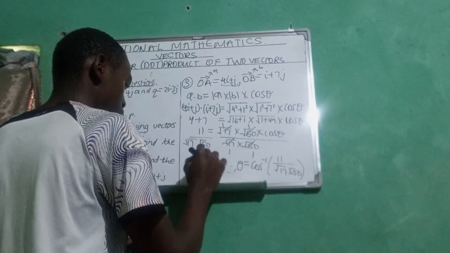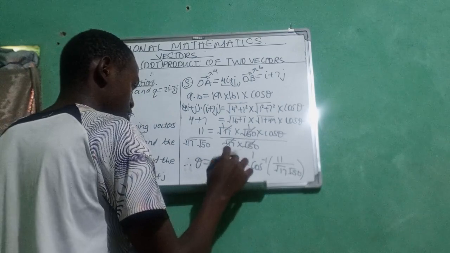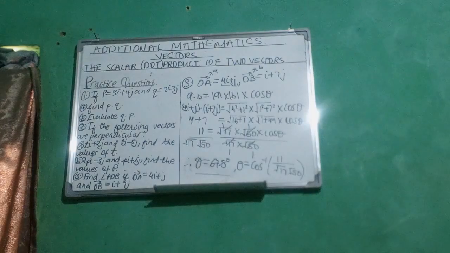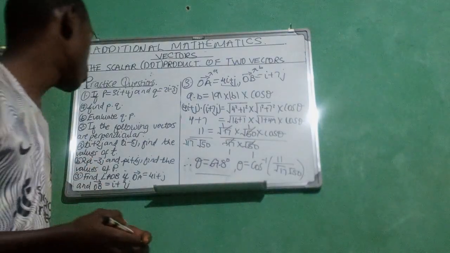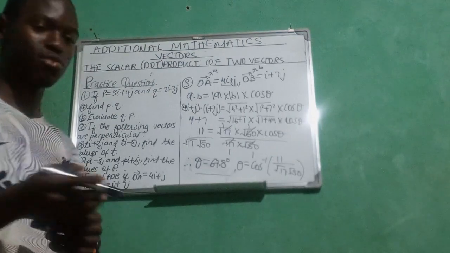Therefore, theta is equal to 67.8 degrees, and that's our final answer. That's the angle between those two vectors. That's the final answer for question 3.